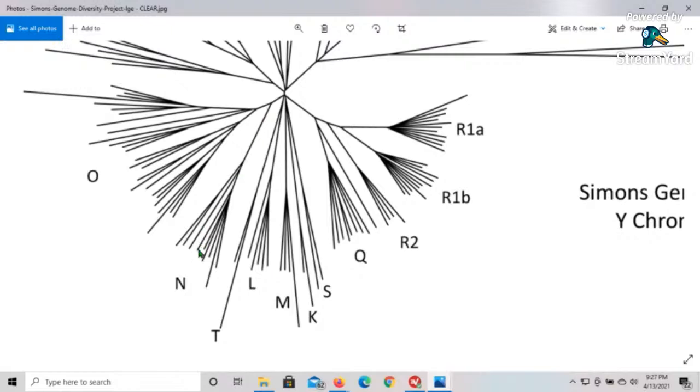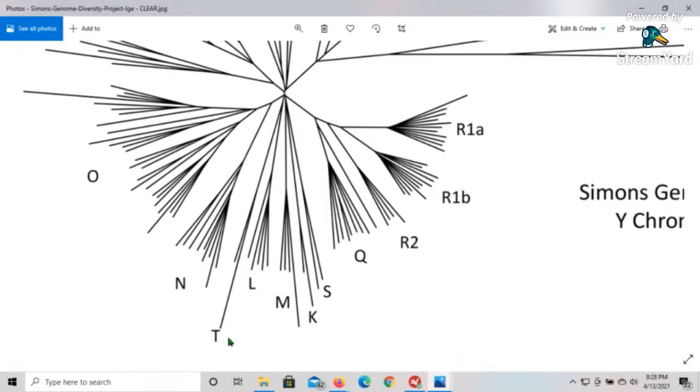So the N population, maybe about the time of Abraham, separated from the O population, but it's really the same family tree. And this is the largest population on Earth, by the way. The O's by themselves are the largest population on Earth. And the N belongs to the same family tree.